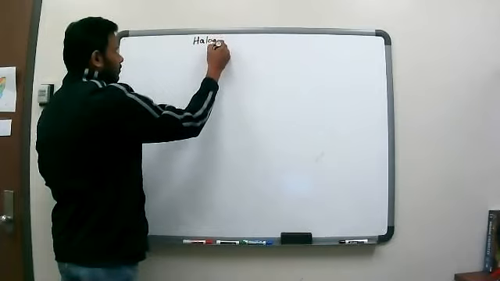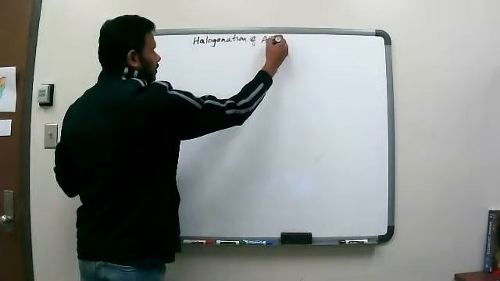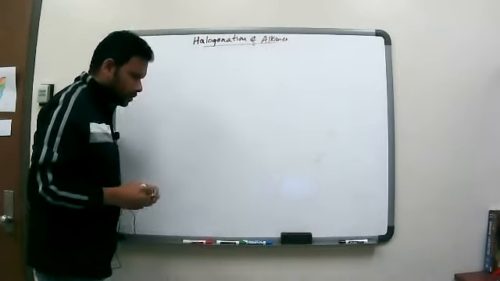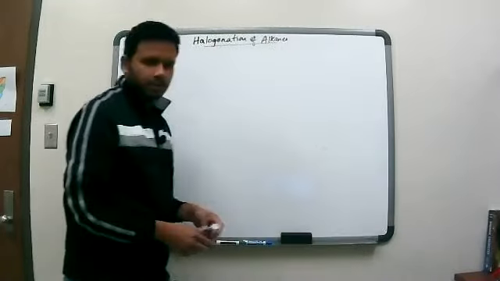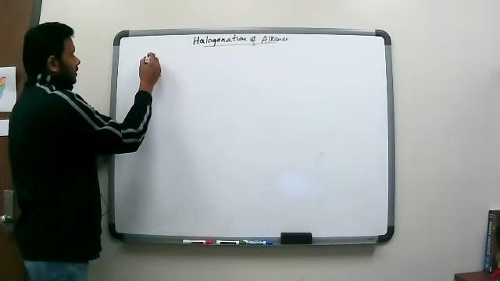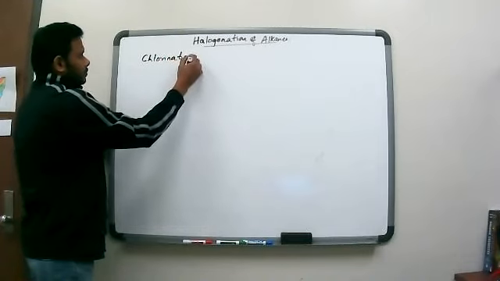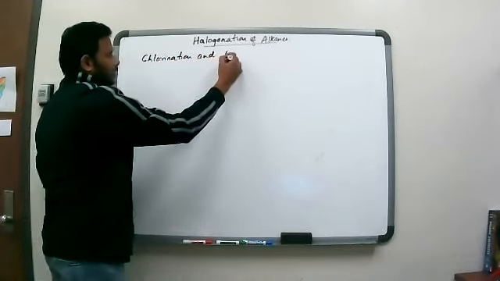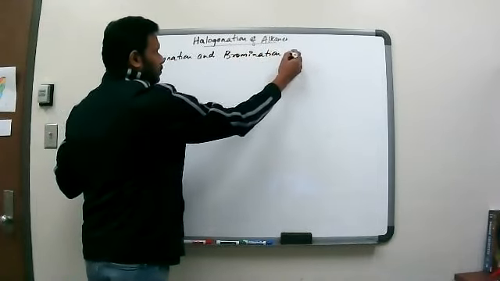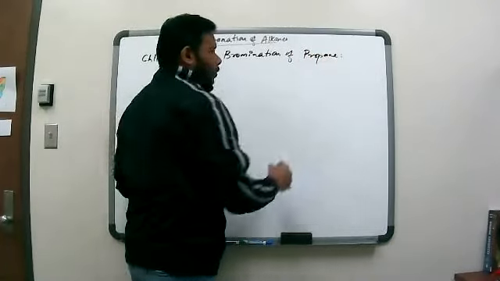So halogenation of alkanes. That's the topic. Let me switch out this pen, okay? And we're going to look specifically at chlorination and bromination of propane.